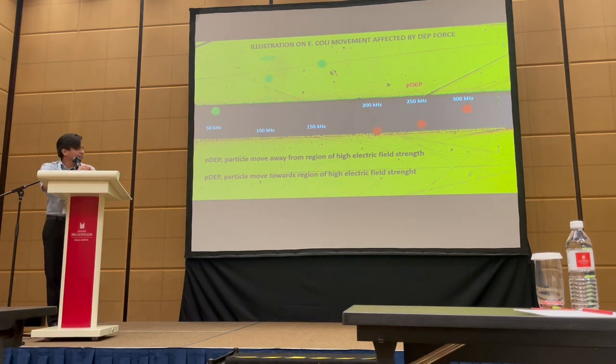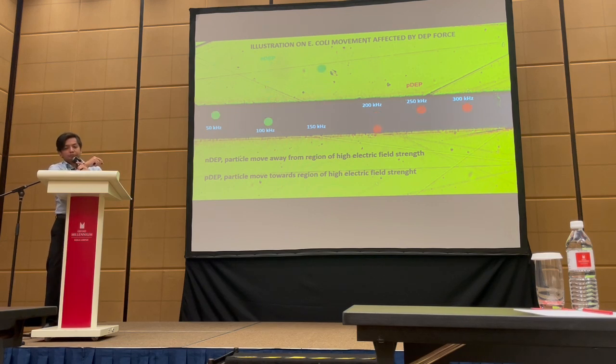And then at some point, the bacteria will move away from the edge of the electrode. Initially, it will move away from the edge of the electrode, and then at some point, it will flip and move towards the edge of the electrode. In our simulation, the edge of the electrode is the region of high electric field density. So we can observe this, and we can calculate this velocity.